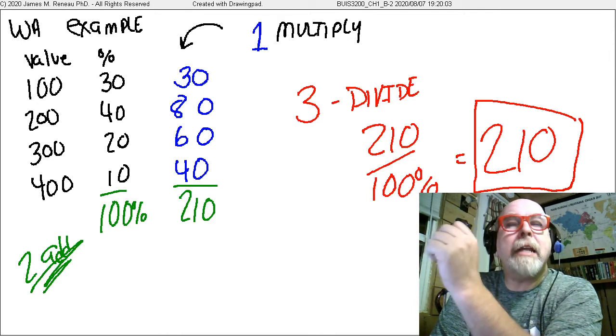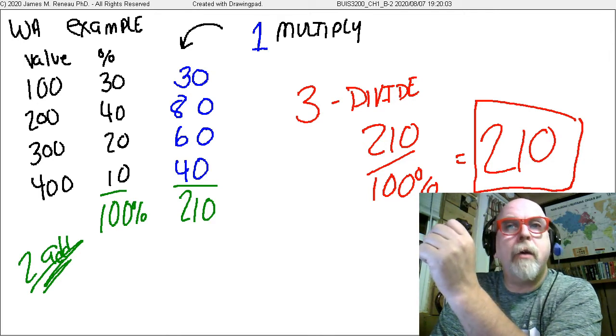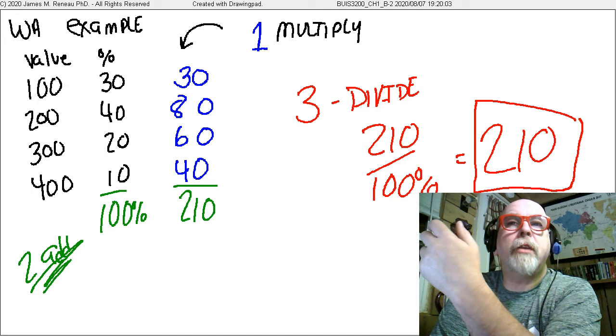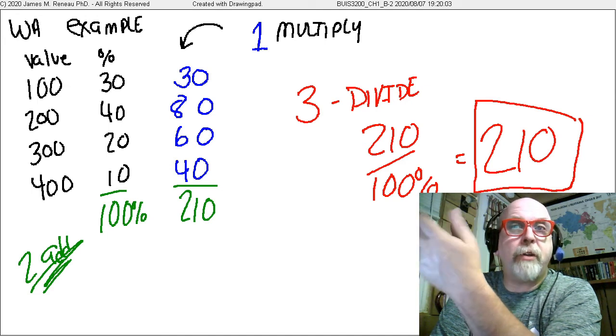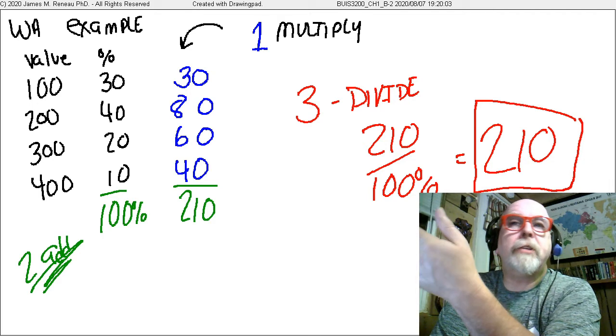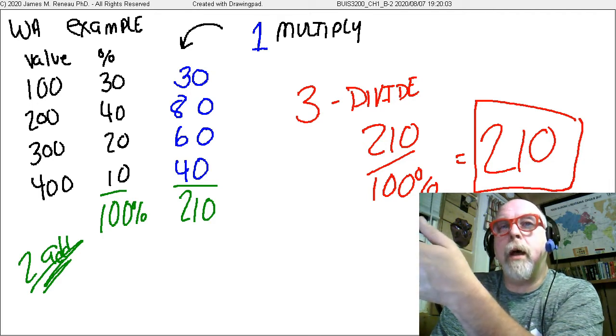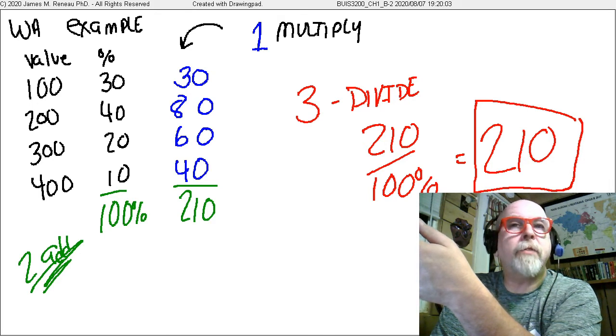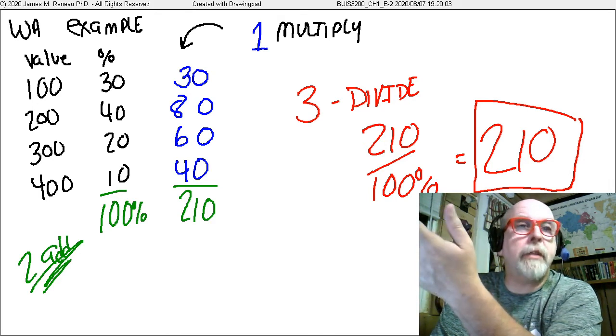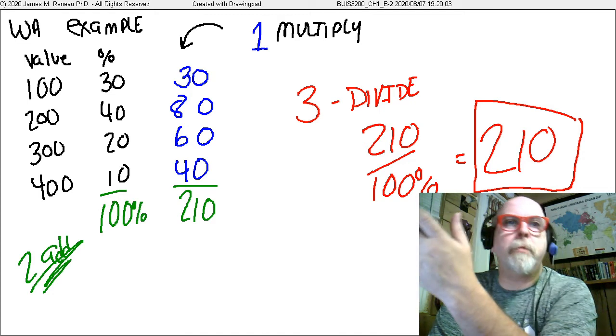So the weighted average is 210, where if we took the mean of those values, 100, 200, 300, 400, the average would be 250. If we took the mode, that would be 200. If we took the median, 100 and 300 split the middle, so the median value would be 200.